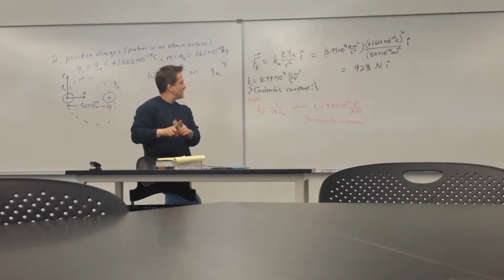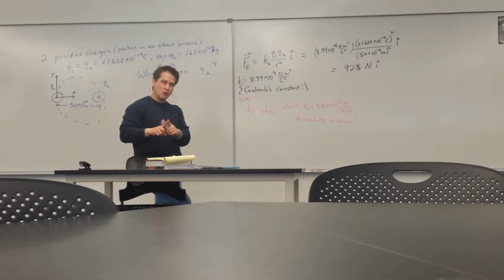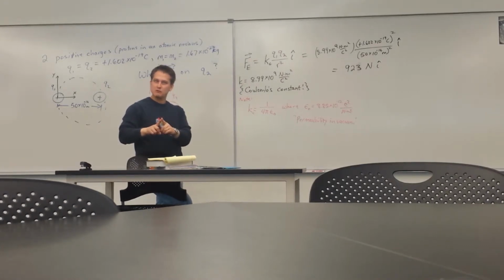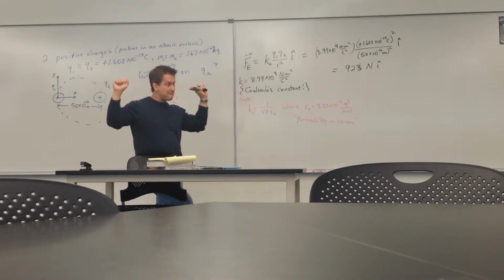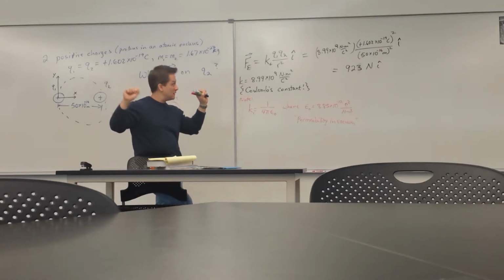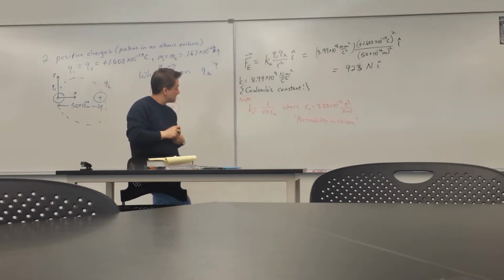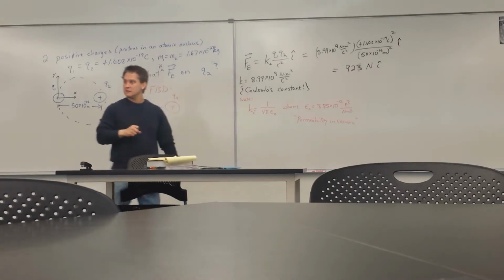And the amount of force between them is the amount of force that would be required to lift almost 100 kilograms and hold it up. Is that crazy? This is a lot of weight. What's that, 22 times 9? It's, yeah, it's 1,000 pounds of force. All these things together.